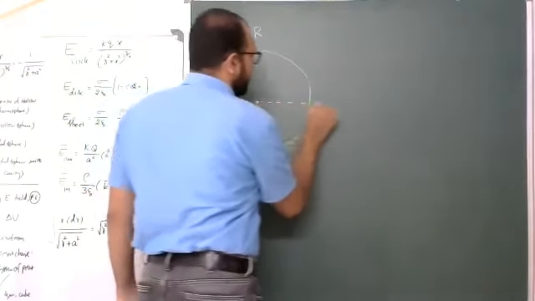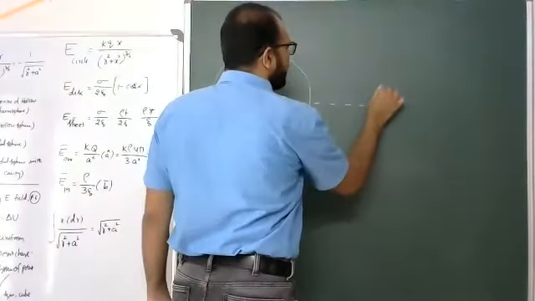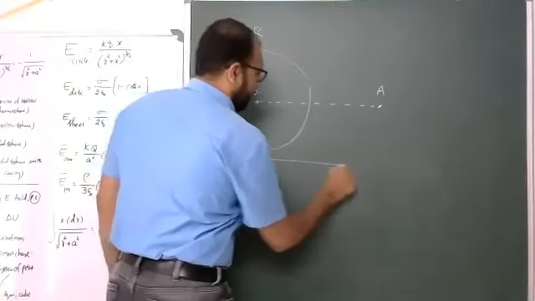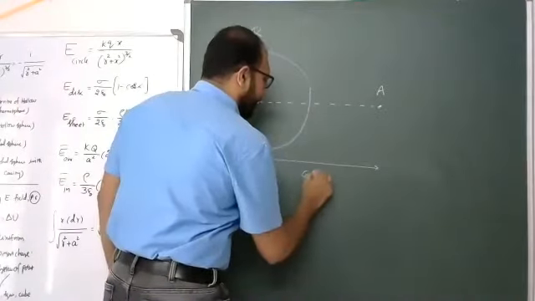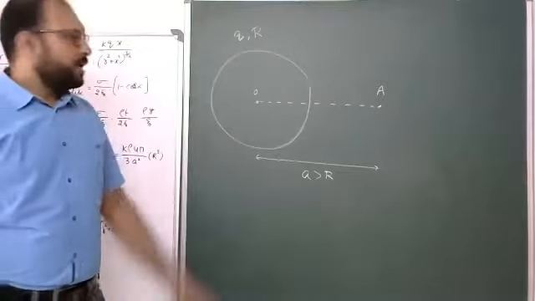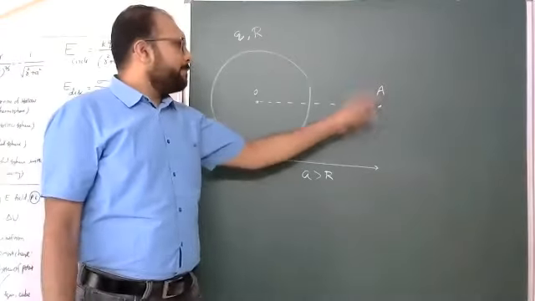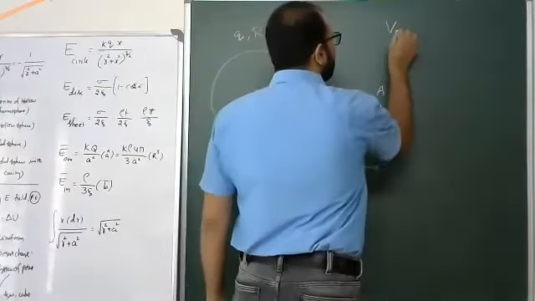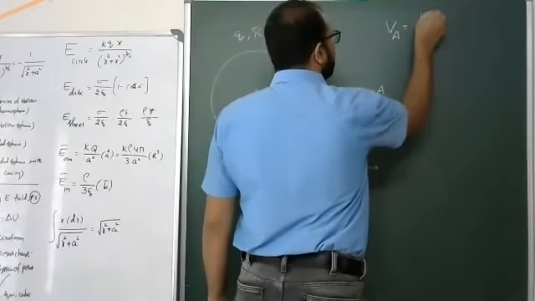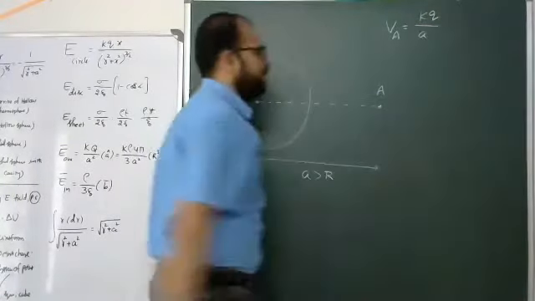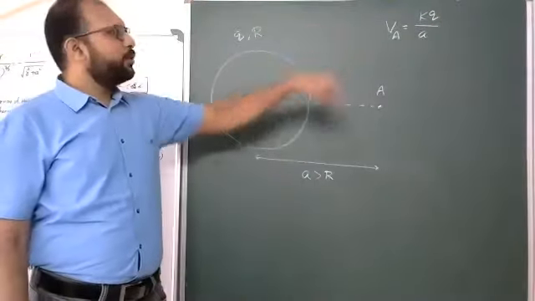Now students, I am taking one point A at a distance small a from the center, that is greater than R. At point A, the potential VA equals, very simple, KQ divided by small a. How does it become KQ by small a?